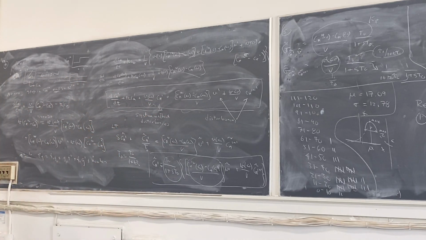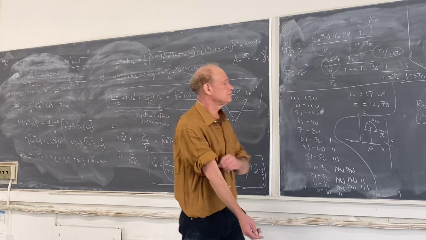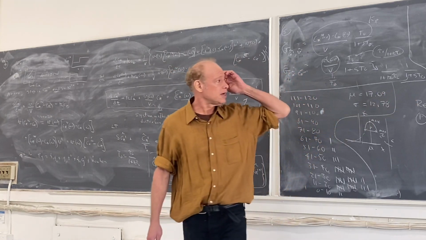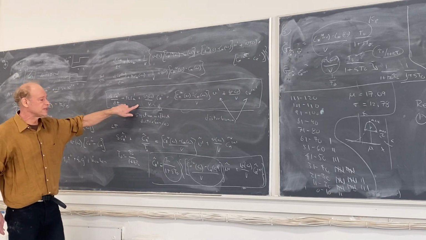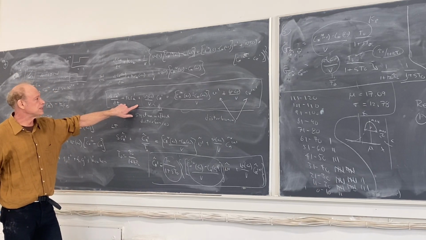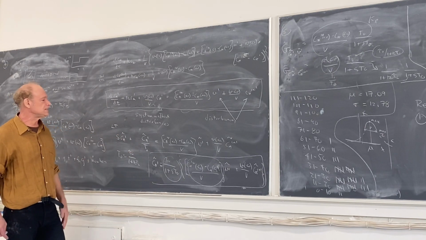Remember, we are talking about Laplace transforms, or if you like, we're going to be talking about transfer functions. When we took the Laplace transform of the left side, we had s plus 1 over tau 0.